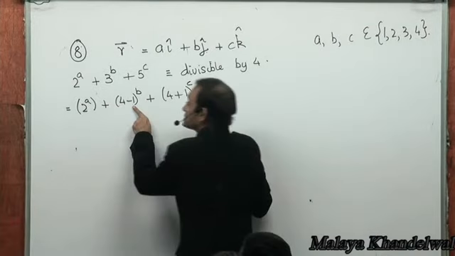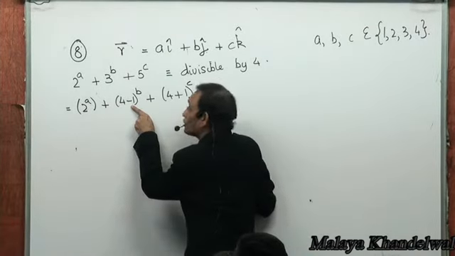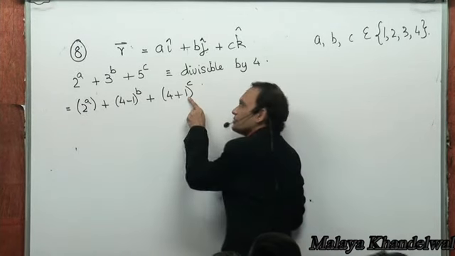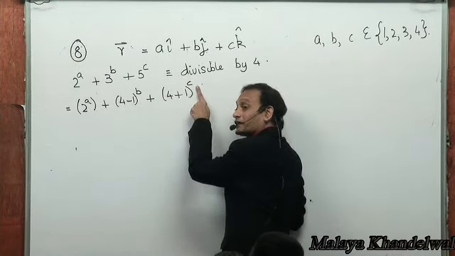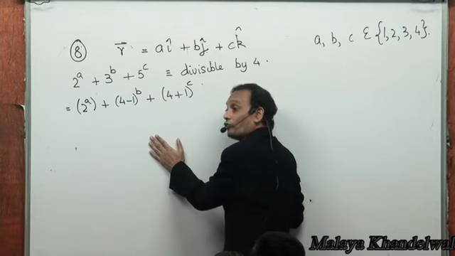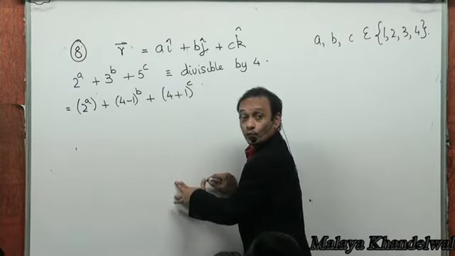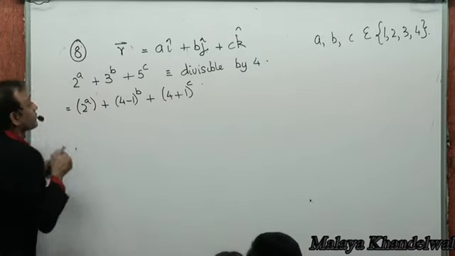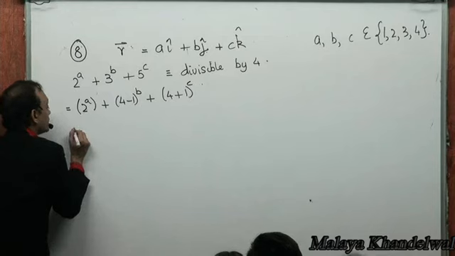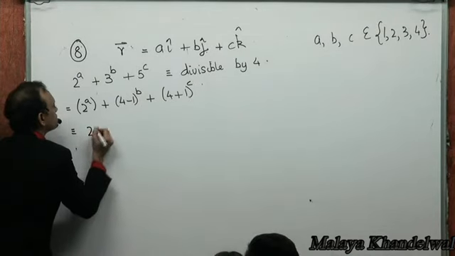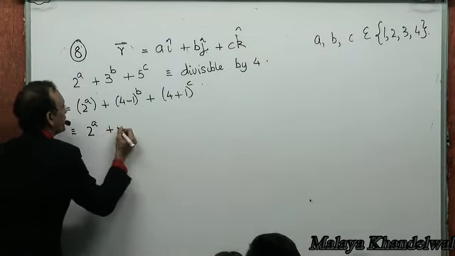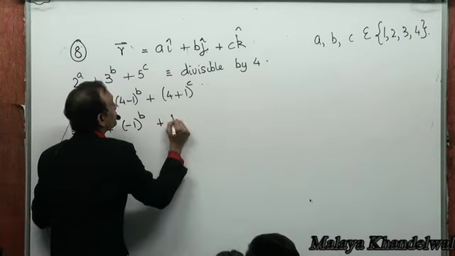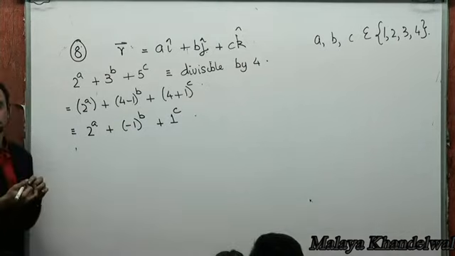If you expand this, all terms will contain 4 except the last term, which is minus 1 to power B. The last term of this expansion is 1 to power C. That will not contain 4. Everything else will contain 4. Right? Yes or no? So divisibility of this by 4 is equivalent to divisibility of 2 to power A plus (minus 1) to power B plus 1 to power C by 4. Yes or no?